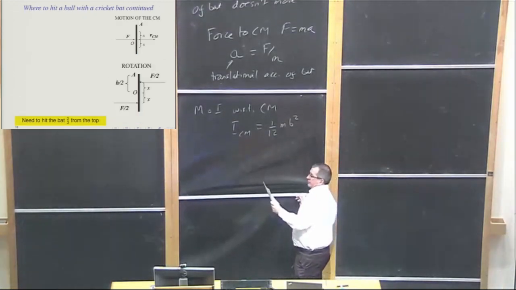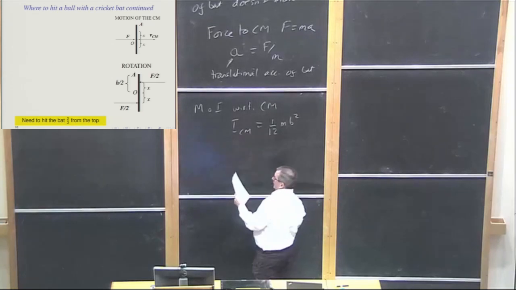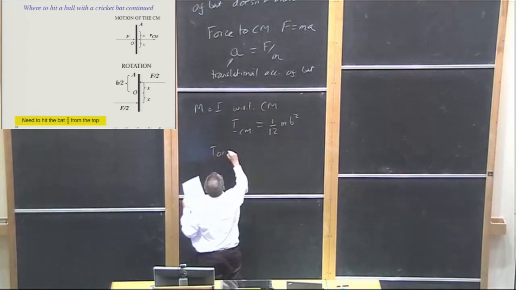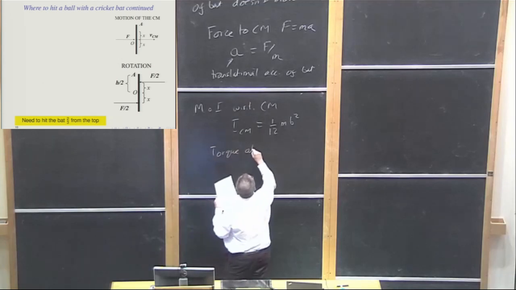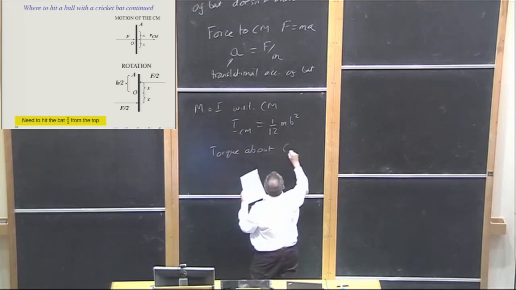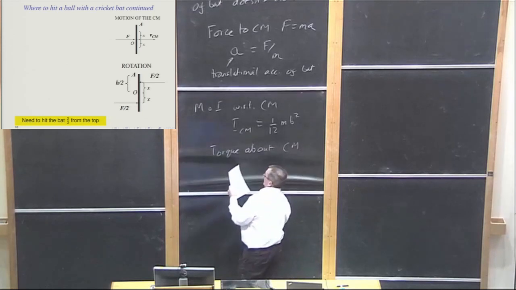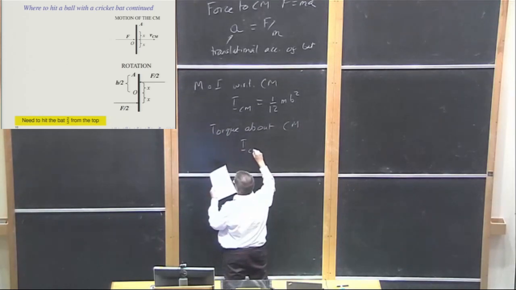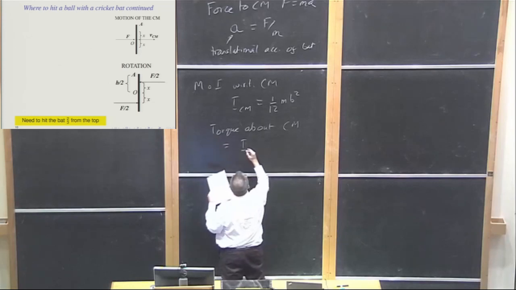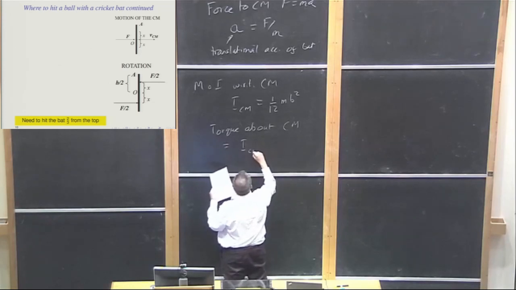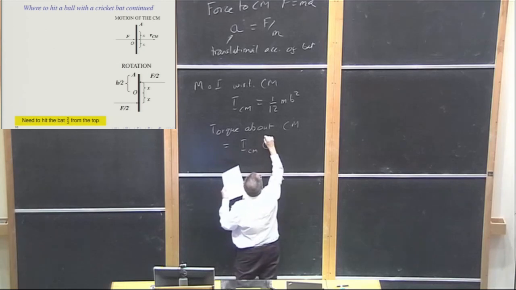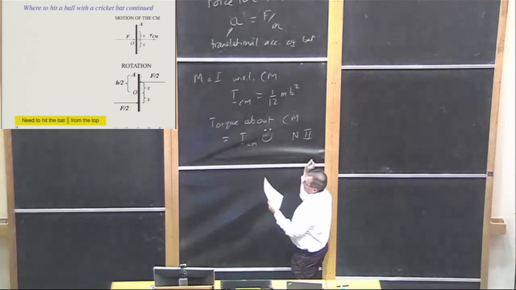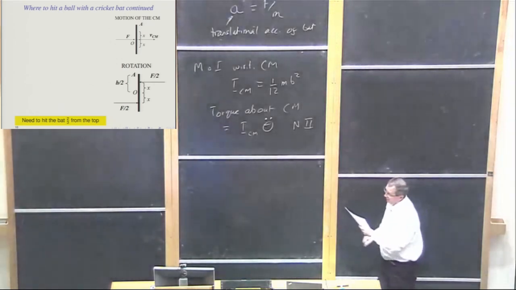So the torque about the center of mass is going to equal I_CM theta double dot. This is just Newton's second law couched in rotational terms.